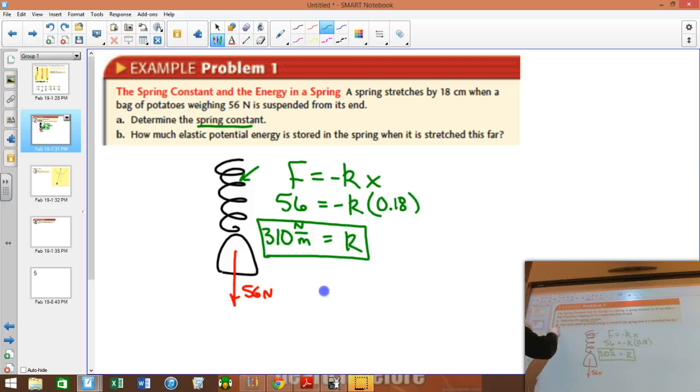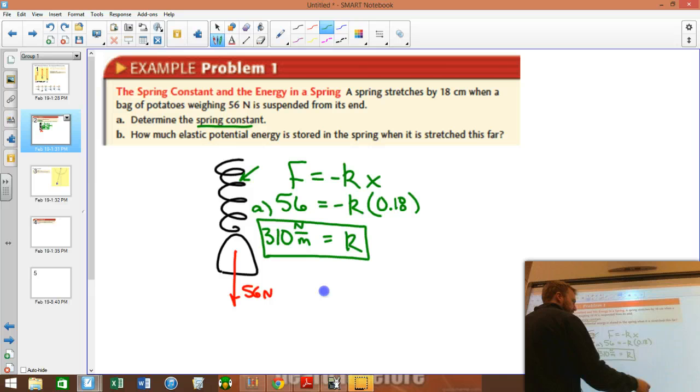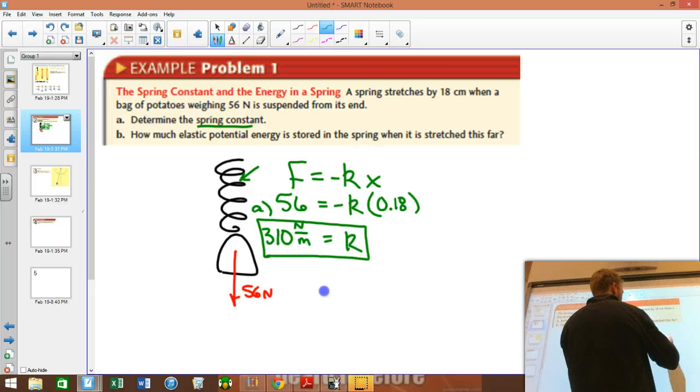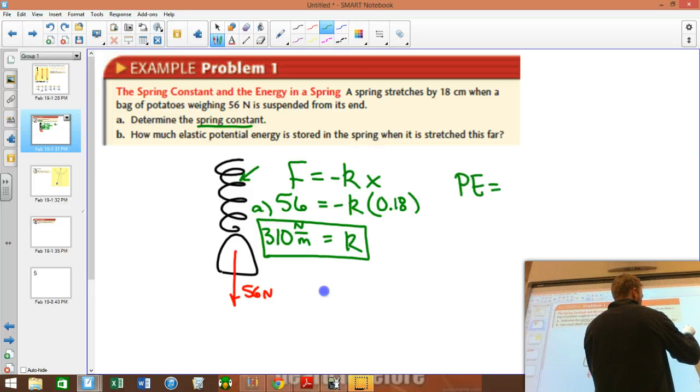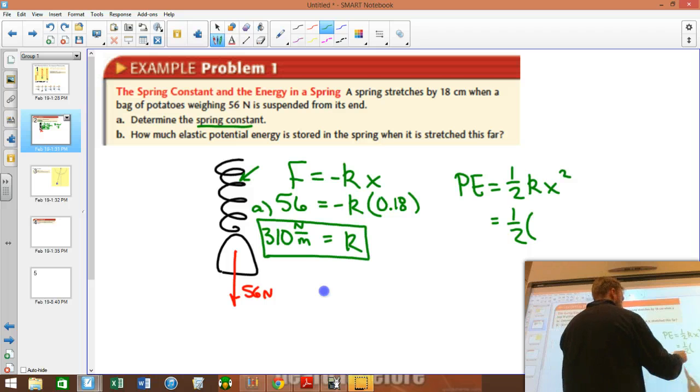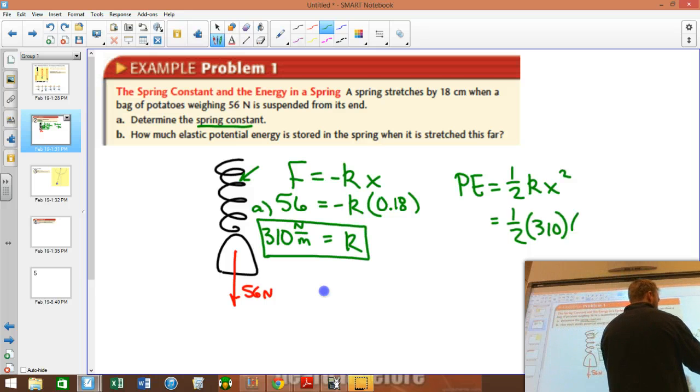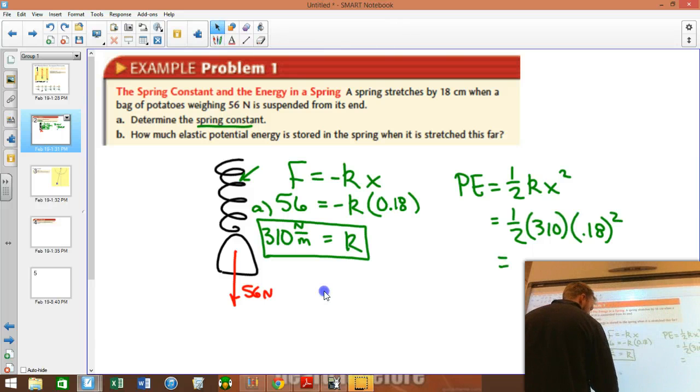And part B says how much elastic potential energy is stored in this. The potential energy is that 1/2 kx squared. So 1/2 times 310 times 0.18 squared. So you just plug that in.